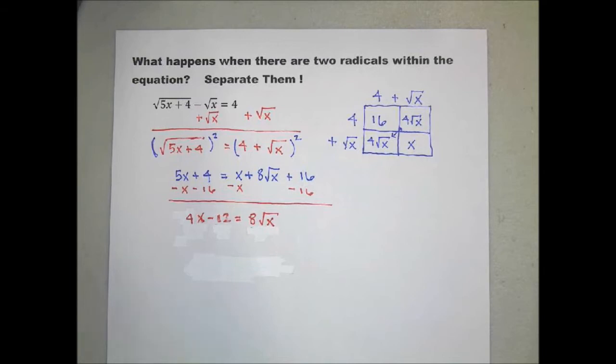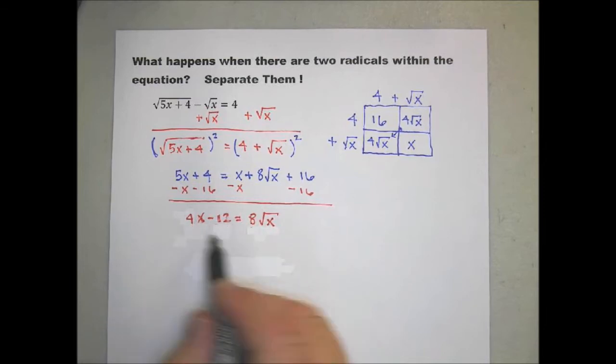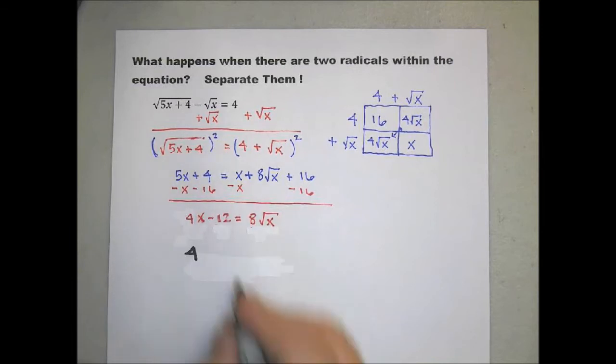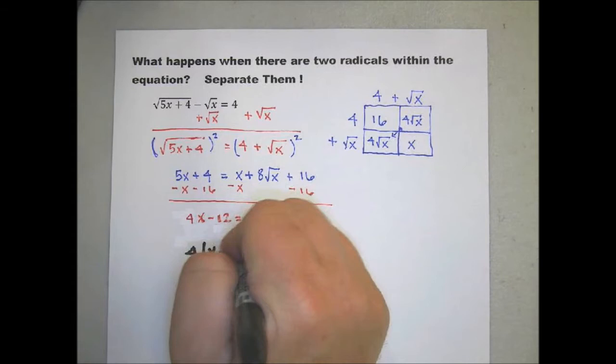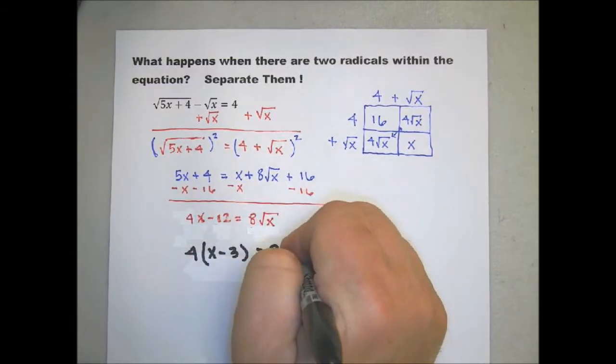Now at this point, I could square both sides, but the numbers are going to be really big. I'm going to try to clean this up a little bit. I notice on the left-hand side, I can factor out a 4. So if I factor out a 4, I'm left with 4 times x minus 3 equals 8 square root x.